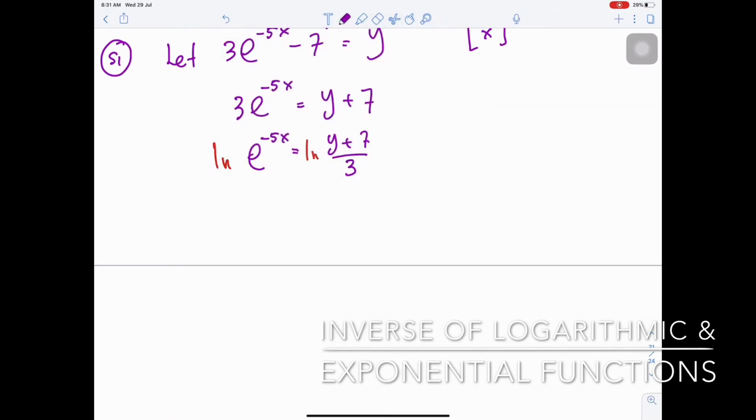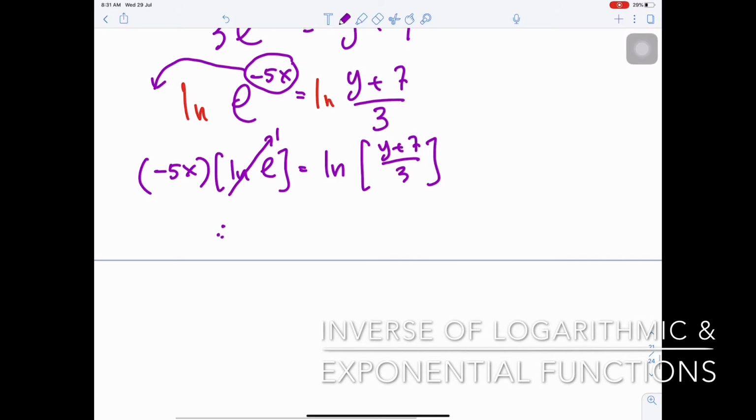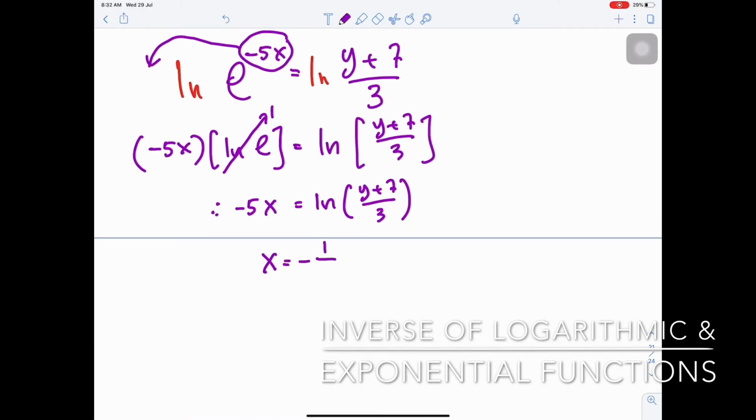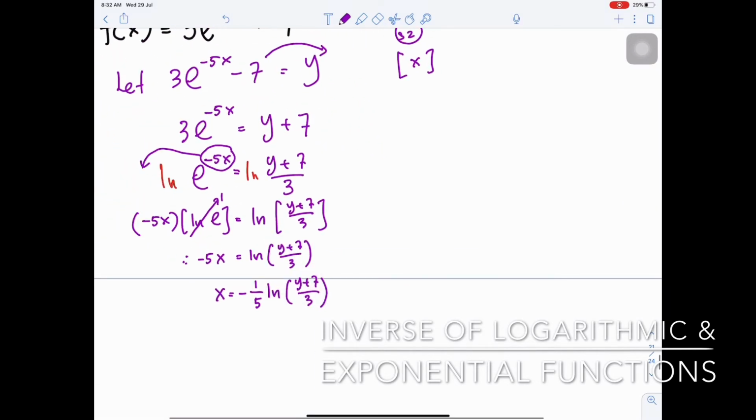Negative 5x comes in front, so negative 5x times ln e, which is 1, equals ln of y plus 7 over 3. Therefore negative 5x equals ln of y plus 7 over 3, and x equals negative 1 over 5 ln of y plus 7 over 3. So f inverse of x becomes negative 1 over 5 ln of x plus 7 over 3.